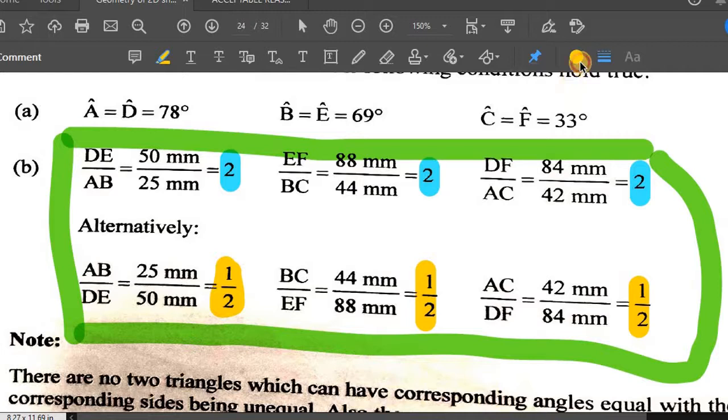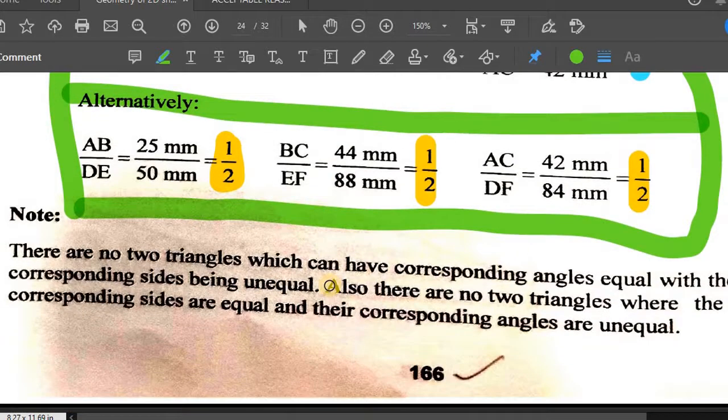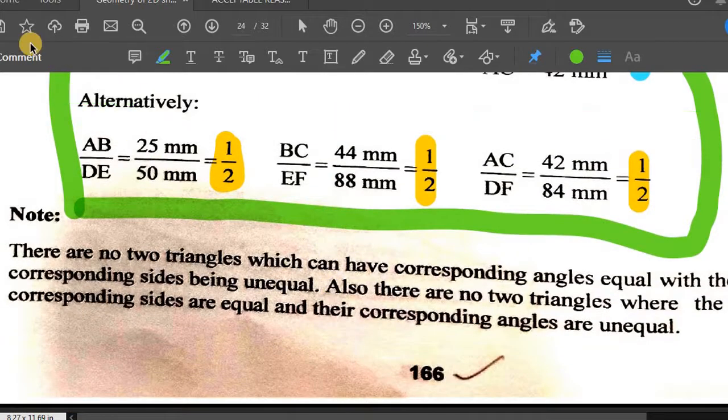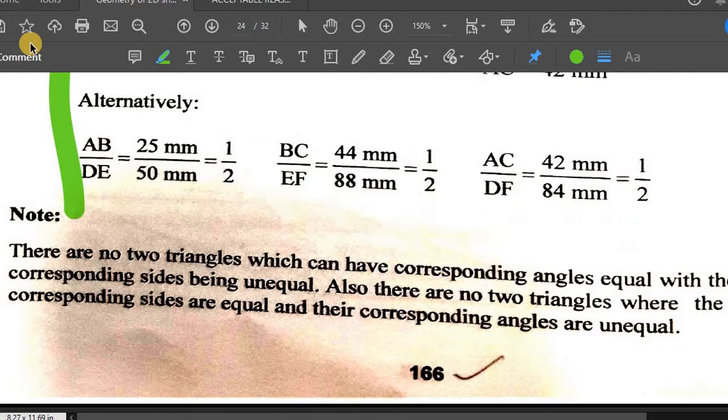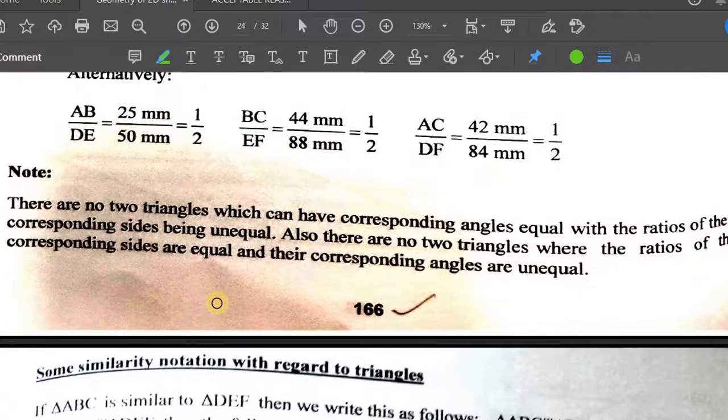Now remember, either you give me this part here on the top, or you give me this one here at the bottom. If you give me both, I'll just accept whichever first one that I see there, right? That's a marking rule. So note, this note is very important. This is what I was looking for. Long story short, you can read this. I don't want to read it and confuse you.